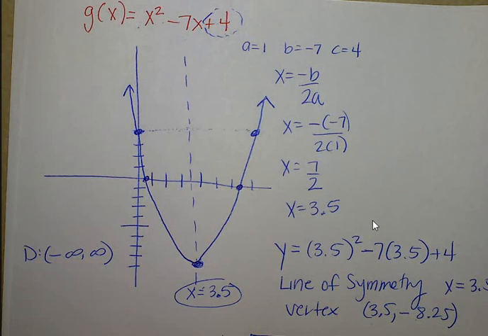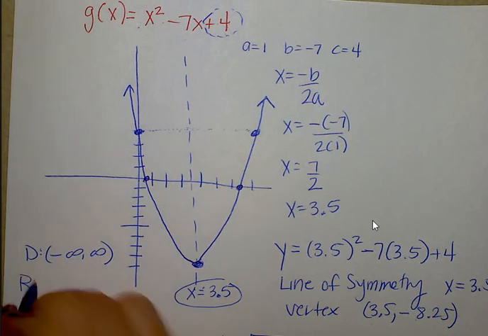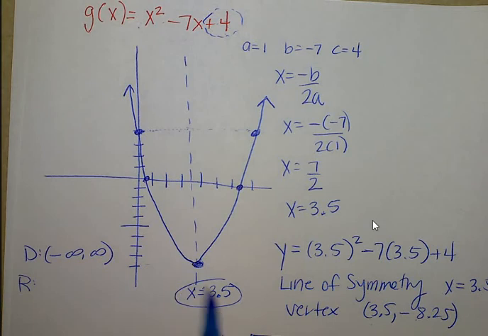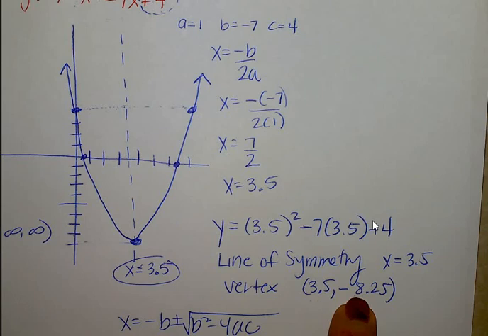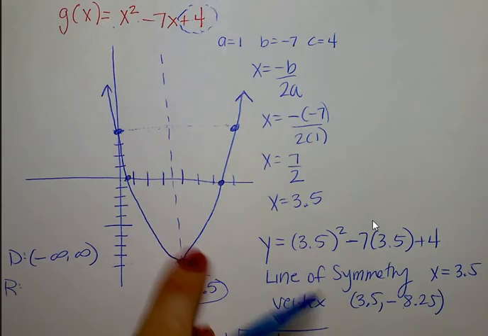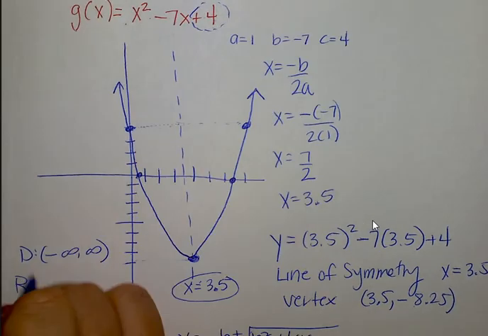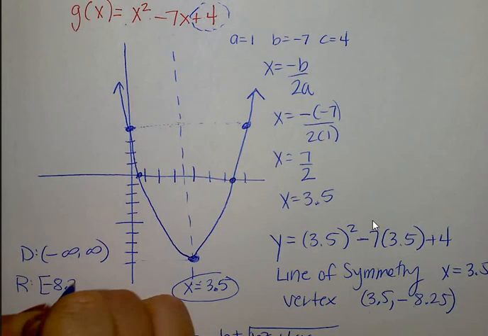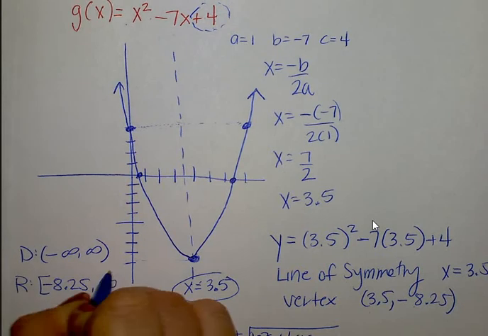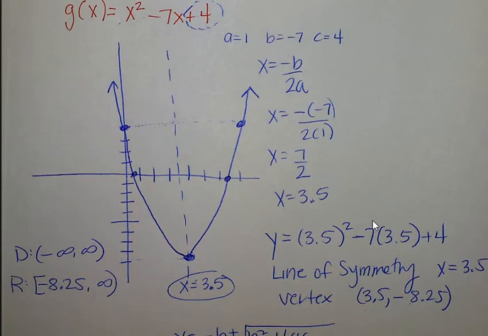The range, this goes down as far as, we're not going to approximate, this goes down as far as negative 8.25, and there's no limit how high it goes. The smaller number is written first, larger second. So there's our domain and range.